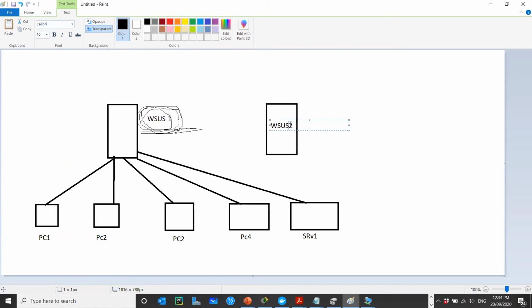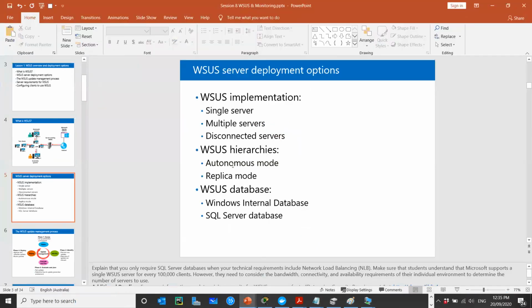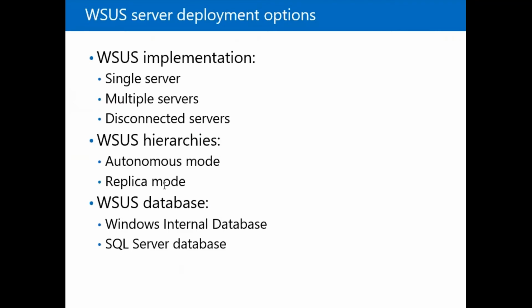So you may have multiple options. If you have multiple servers, then you can create the replica. Replica means creating from here to there, or individually you can manage this one, you can manage that one. Both options we have. That's autonomous mode and replica mode.